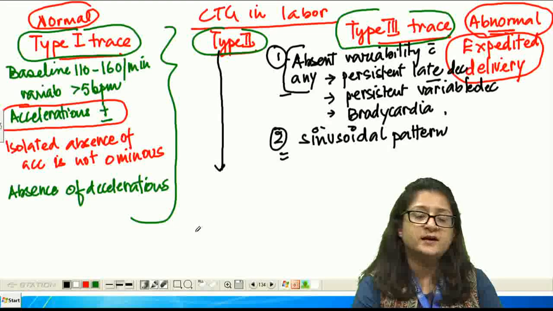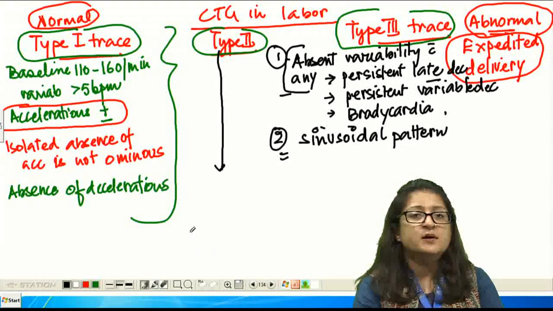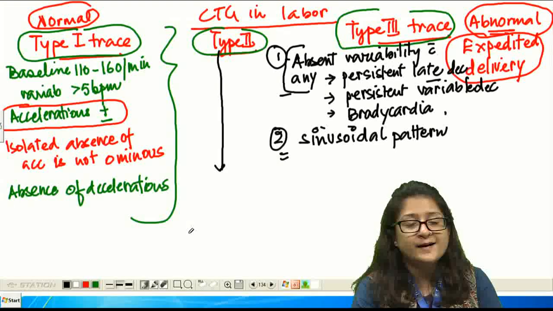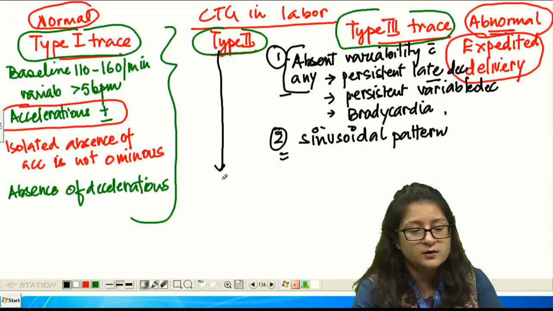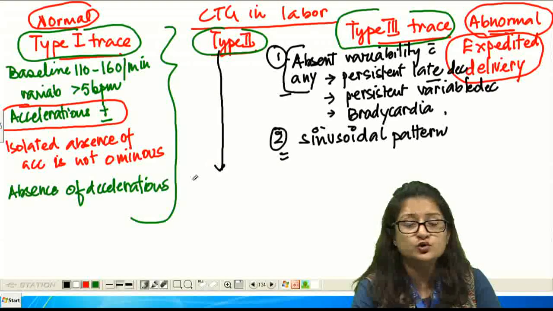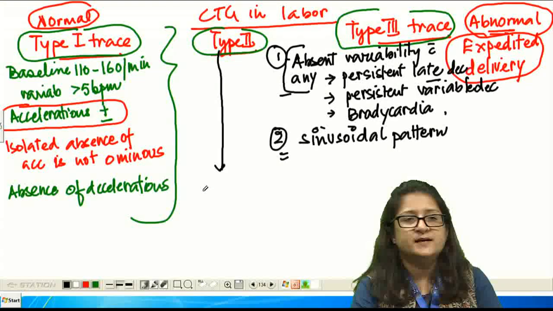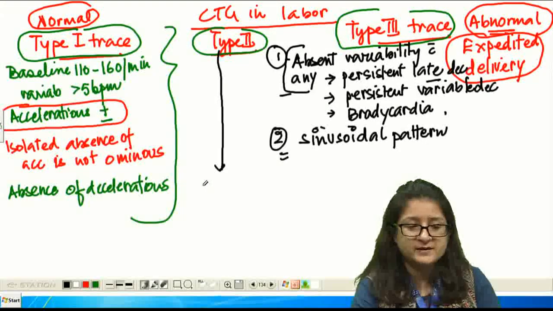Whenever there is a type 2 trace in labor, we see what the problem is and we try to correct the problem. The problem could be at many levels. The problem could be that the contractions are too strong and that is causing head compression inside.